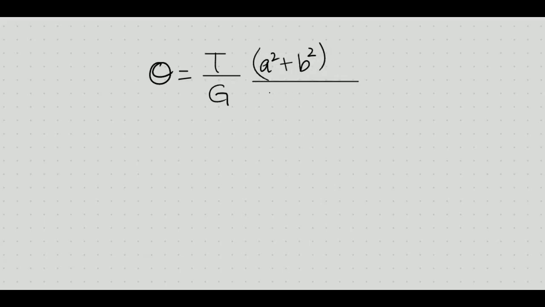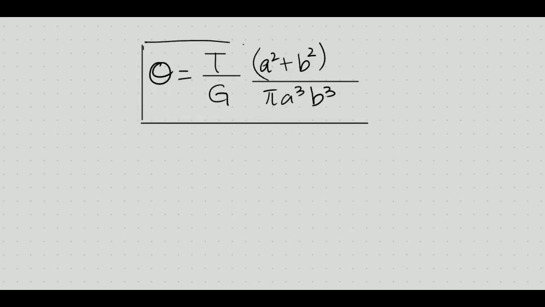We will get the angle of twist per unit length, theta is equal to T by G into (a square plus b square) divided by pi a cube b cube, and that is the angle of twist per unit length.